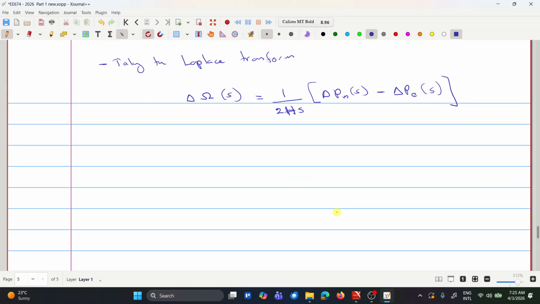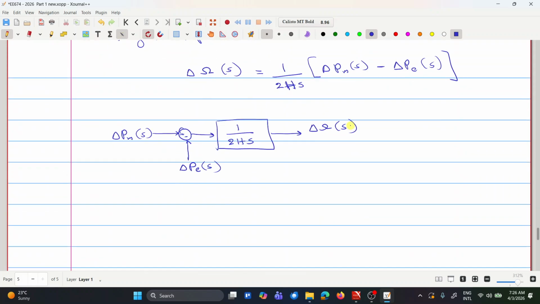Okay, so now if you represent this in the block diagram form, you have the mechanical input coming into the generator minus the electrical power, or the load, coming from the load, electrical power output, and you have a transfer function block of 1 over 2 H s, and that will give you the change in the speed of the synchronous machine.